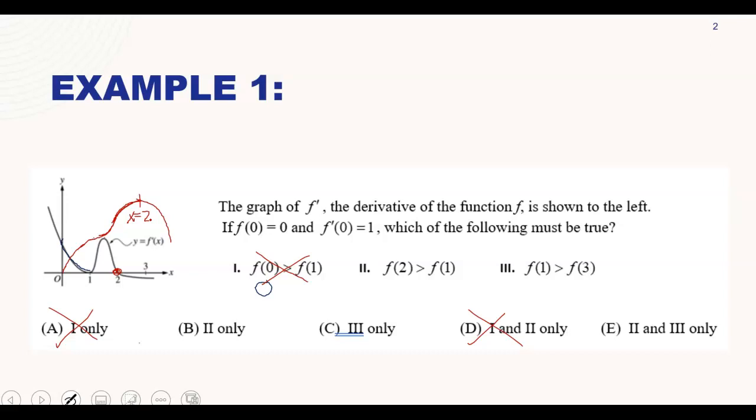So f of 2 is greater than f of 1. Well, yeah, because it's increasing from 0 to 2. The only way for it to be smaller is if it's not increasing, but it is increasing, so this is true. So now it can't just be this one.